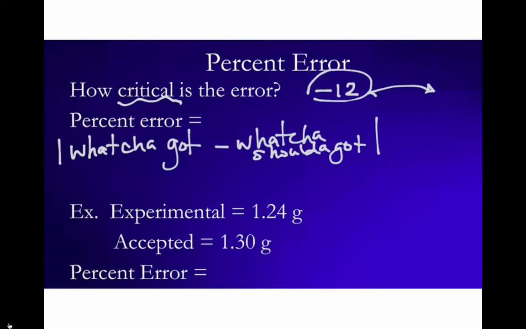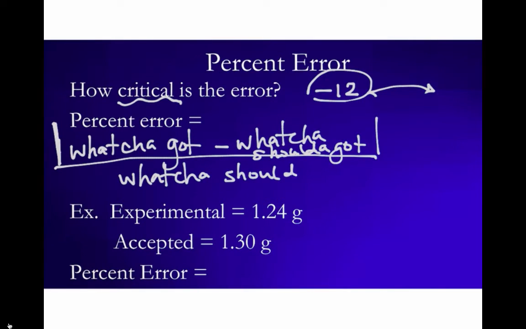So first take the absolute value of that, because it now matters less if it was too big or too small. It just matters how bad did you mess up. And then we're going to divide that by the value of what it should have been. So what you should have got. This is my redneck way of explaining percent error.